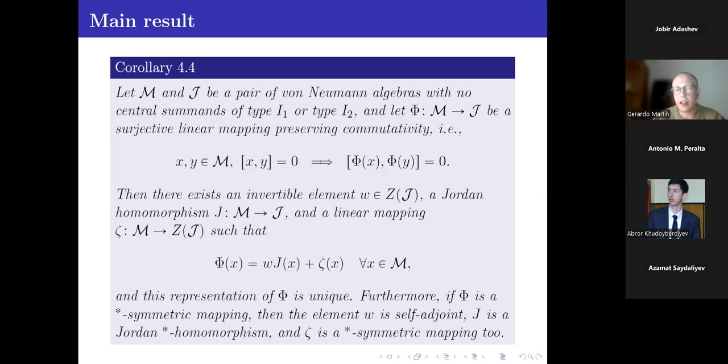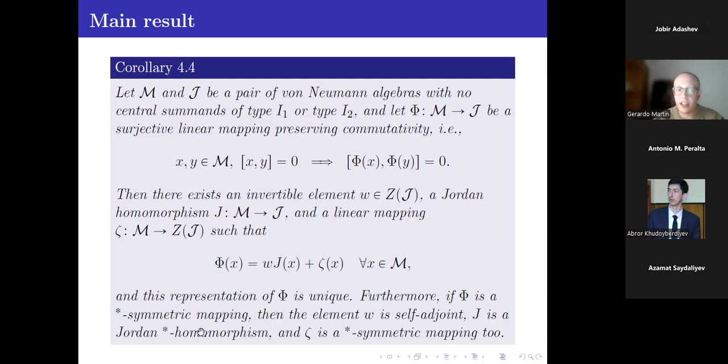As a corollary, since a von Neumann algebra is a type of GBW star algebra, we obtain this result for any pair of von Neumann algebras. When we have M and J, any pair of von Neumann algebras with no central summands of type I1 or I2, and phi is a surjective linear mapping preserving commutativity, now using the Lie brackets, not the associator, then there exists an invertible element in the center of J, a Jordan homomorphism, and a linear mapping theta such that phi admits this unique representation.